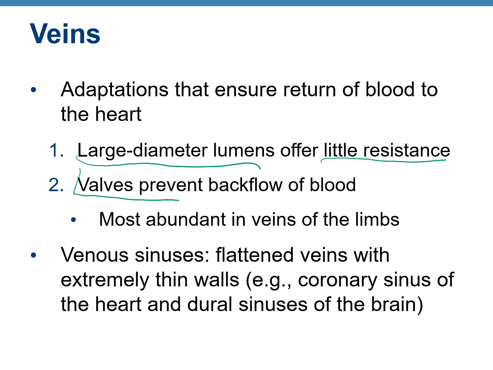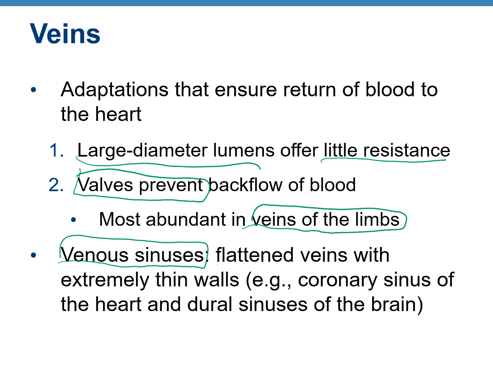Veins also have valves, and valves prevent backflow of blood. Those valves are especially abundant in veins of the limbs, your arms and legs. We also have what we call venous sinuses, and those are flat veins. An example would be the coronary sinus or dural sinus of the brain.